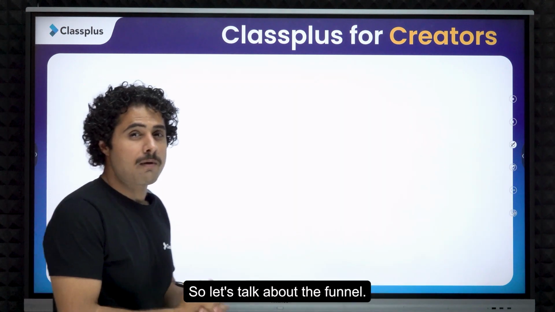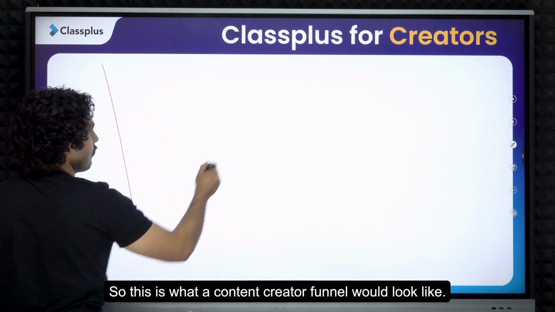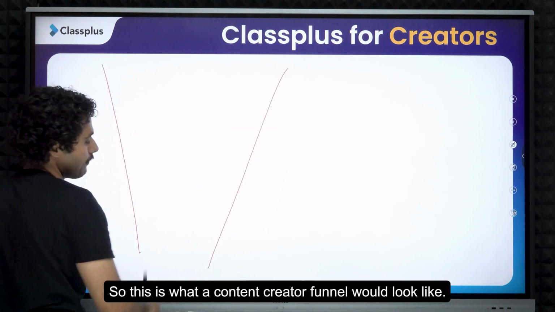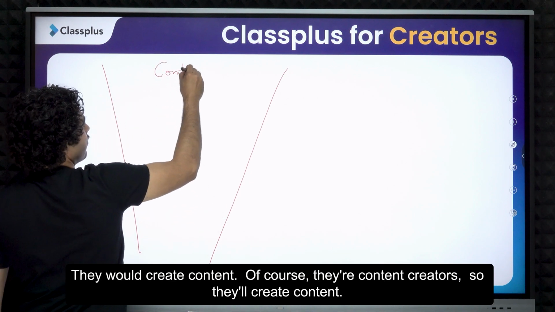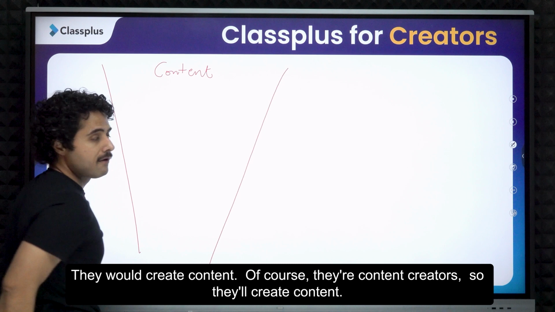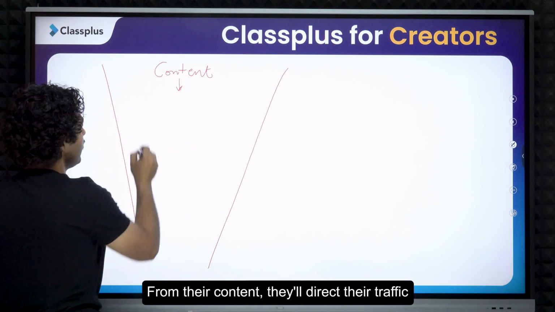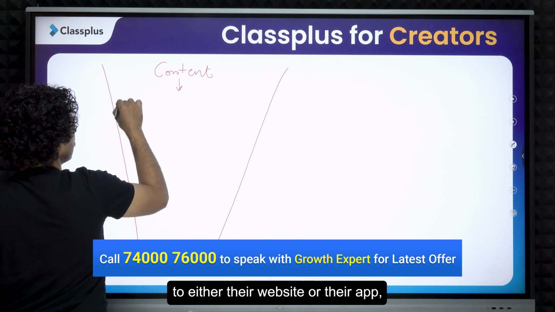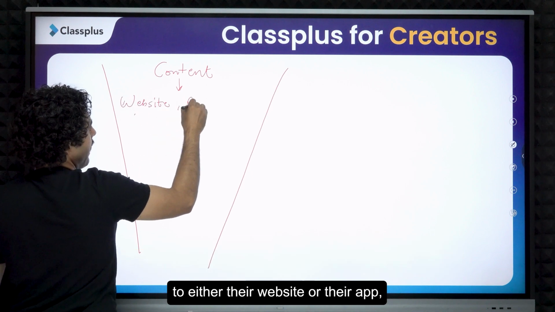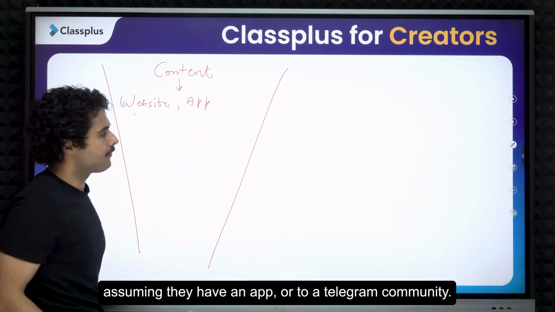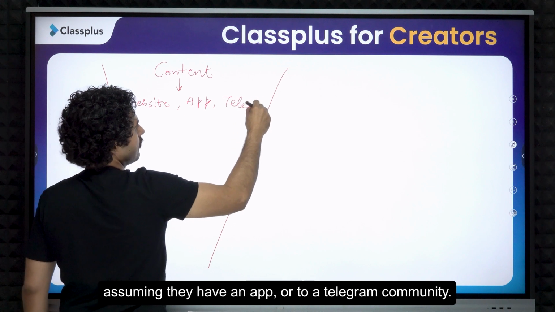So let's talk about the funnel. This is what a content creator funnel would look like. They would create content. Of course, they're content creators, so they'll create content. From their content, they'll direct their traffic to either their website or their app, assuming they have an app, or to a Telegram community.